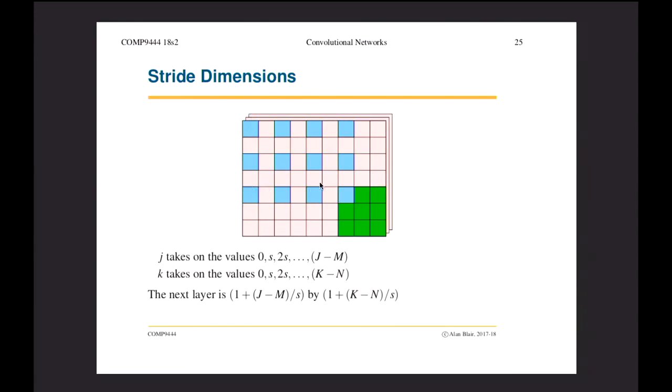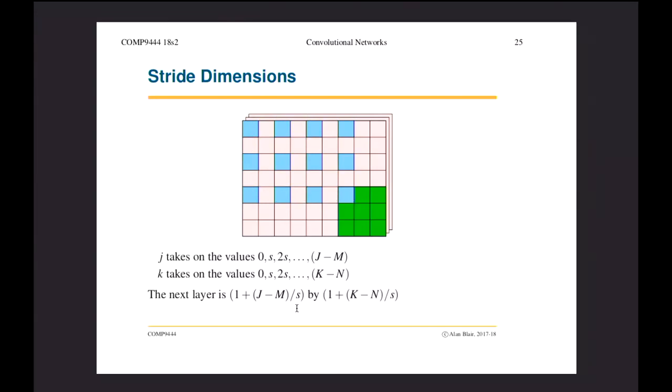And this value is 6, and 6 is an exact multiple of the stride length S. So 6 divided by 2 is 3, and we get 3 blue columns in that portion there. But we also get this extra one here because it's the corner of the filter.